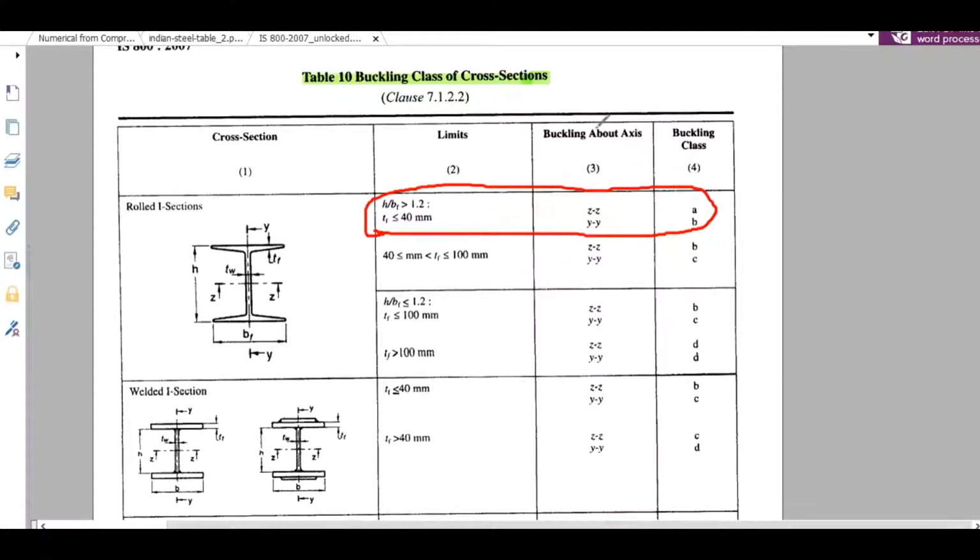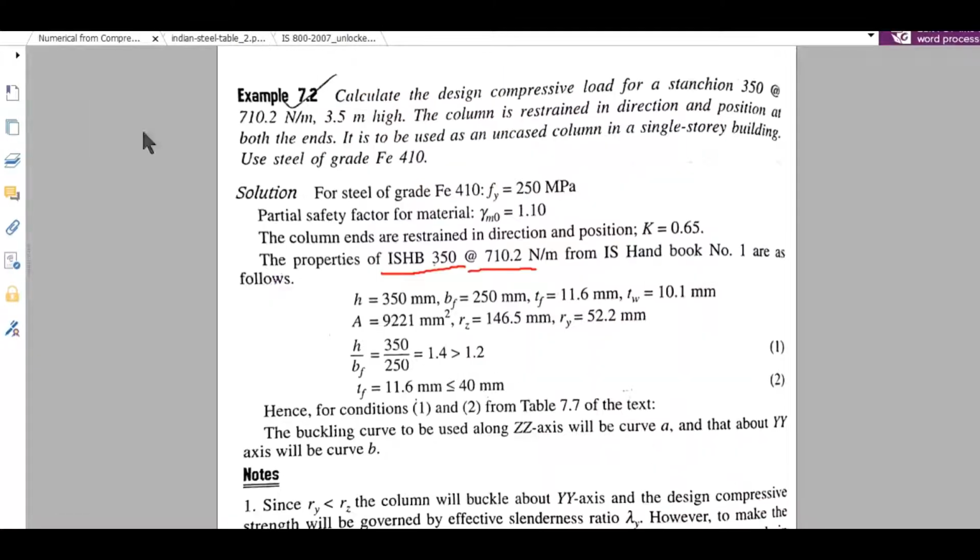To find the design strength about the z-axis, we have to go with class A. If we want to find the buckling strength or the column strength about the y-axis, we have to go with class B. Okay, now let us go back to the numerical.